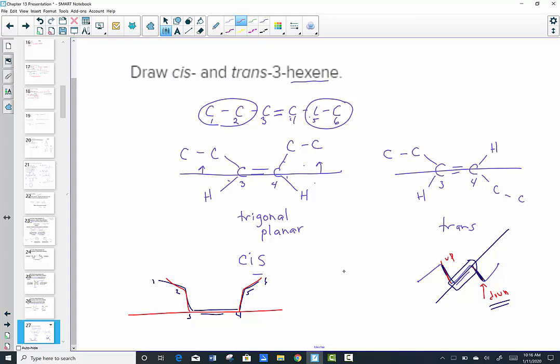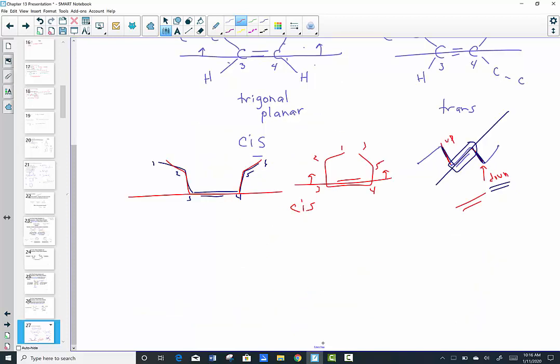But the emphasis is that from the plane of the double bond, you see them both on the same side of the plane. That's a cis configuration. This is the trans configuration. You can see just based on crowding of the molecules, the trans is the preferred molecular geometry because it gives more space for the atoms to spread out.